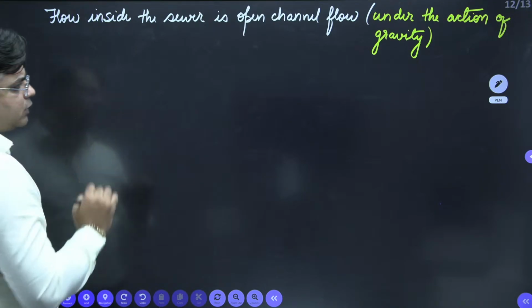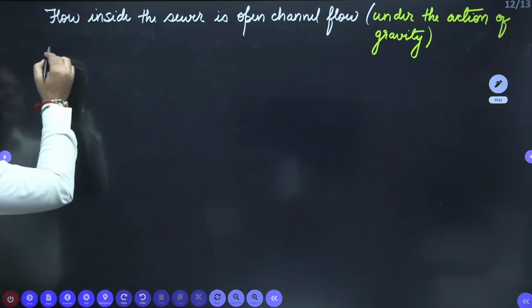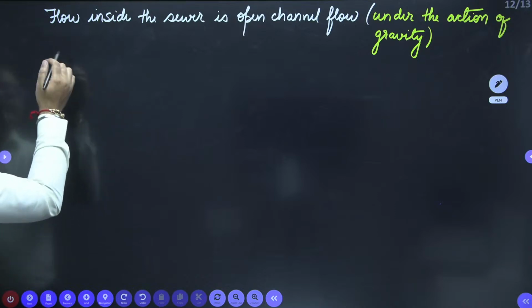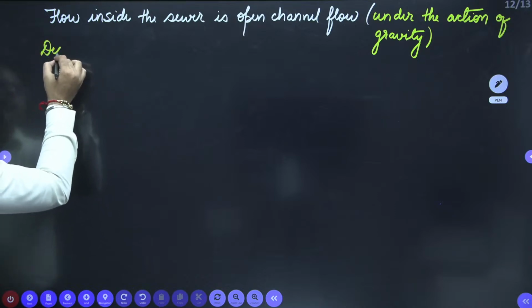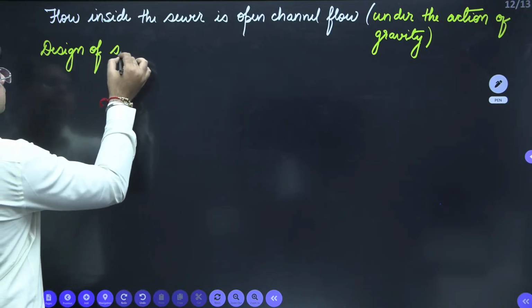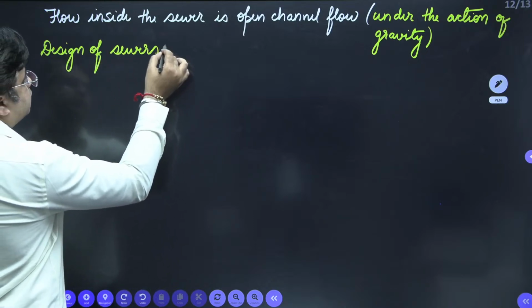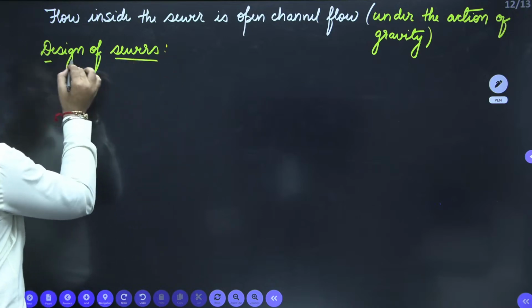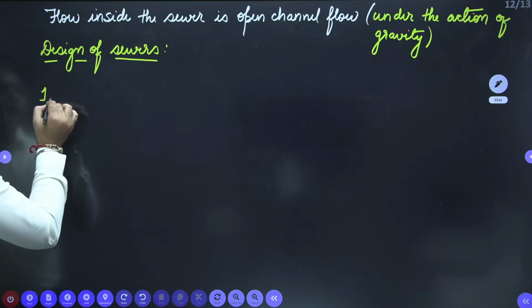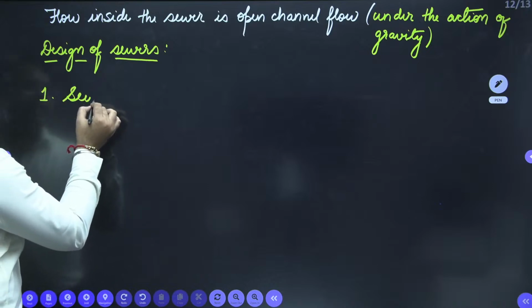Now observe this very carefully how we design the sewers. So next is design of sewers. So point number 1.